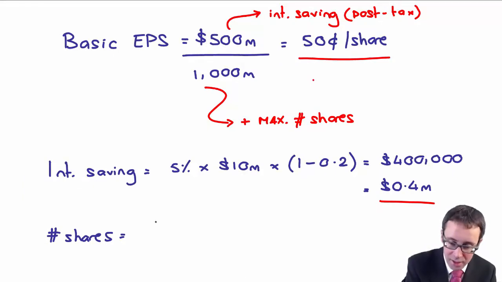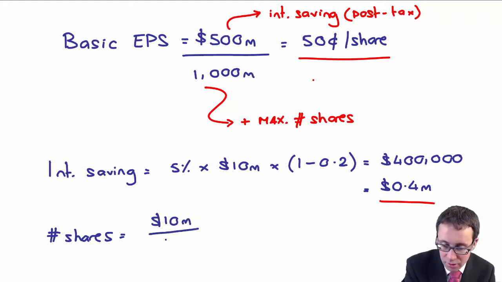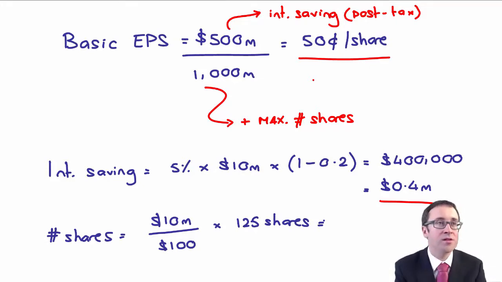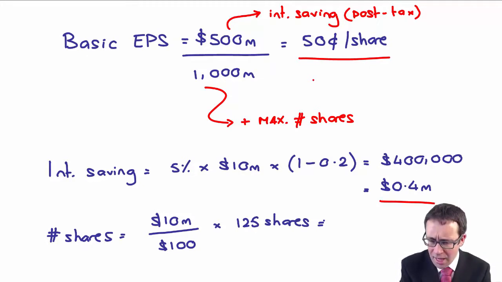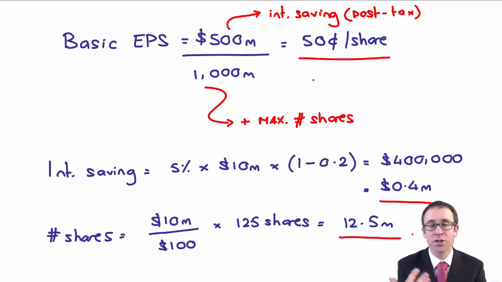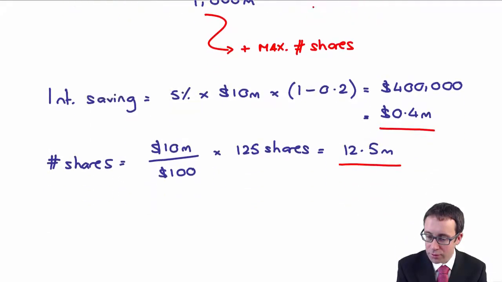So I have $10 million worth, and for every $100 I get 125 shares. Tapping that into your calculator, it gives me 12.5 million extra shares as the worst case scenario. We're always looking at the worst case scenarios, aren't we? If you like, thinking about that world of prudence.